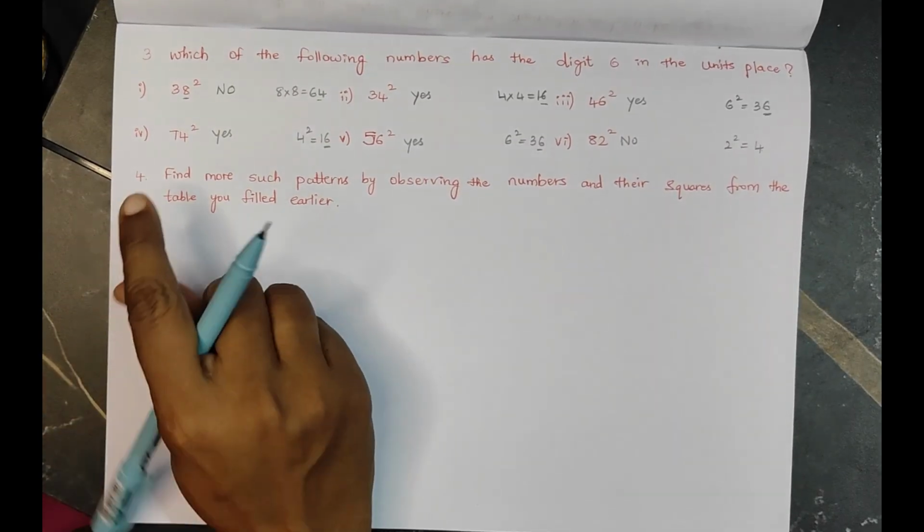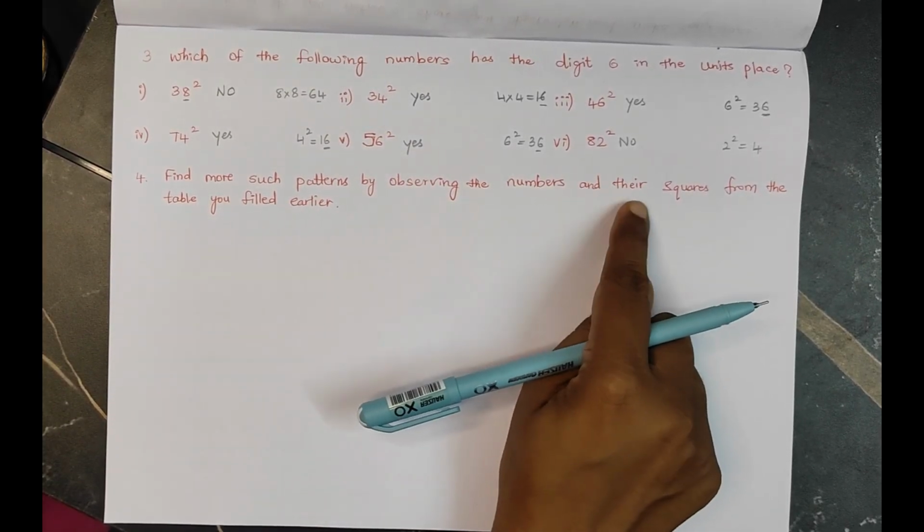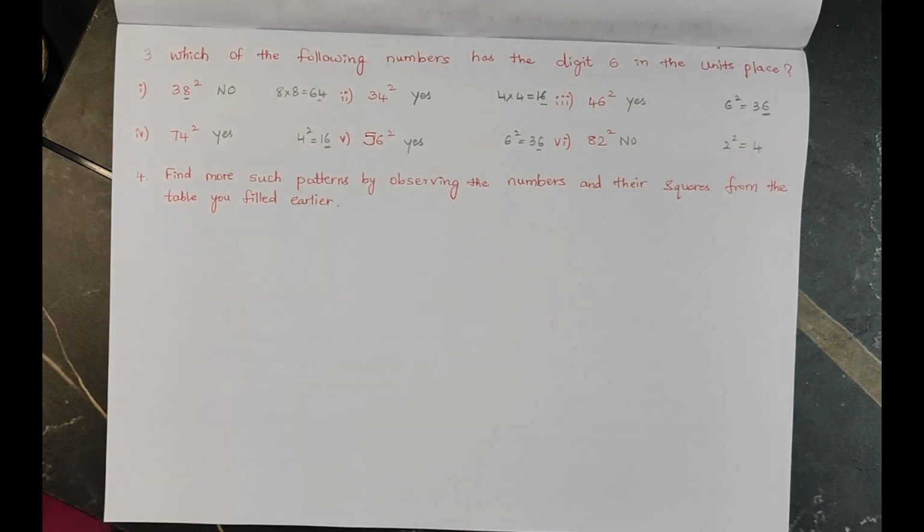Okay, coming to the fourth question. Find more such patterns by observing the numbers and their squares from the table you filled earlier.